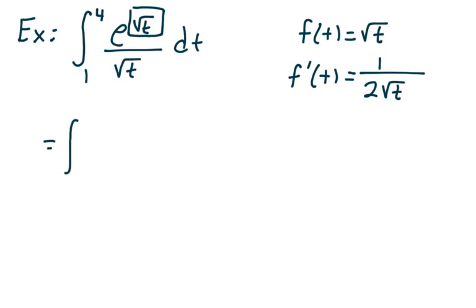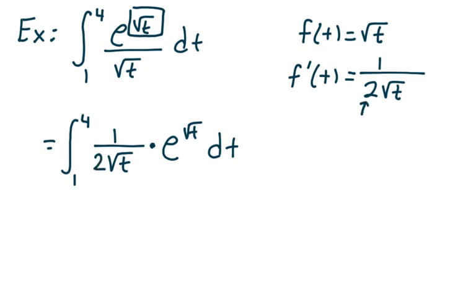Now, if it helps you, I could write this as the integral from 1 to 4 of 1 over the square root of t times e to the square root of t dt. And so notice how I'm missing a 2. So I'm going to put it in. But I can't just do that. I have to multiply this integral by 2 as well, because it's like multiplying by 1. And it then becomes really slick.